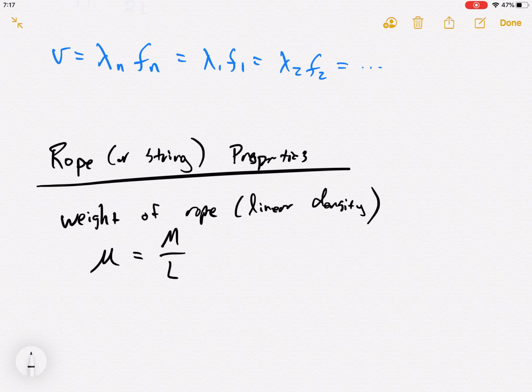So the heavier the rope is, the harder I expect it to be to oscillate, because mass is something's resistance to acceleration. So I expect wave speed to be inversely related to the linear density. By the way, the unit here would be kilograms per meter.